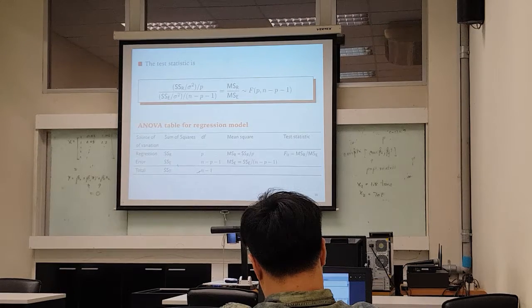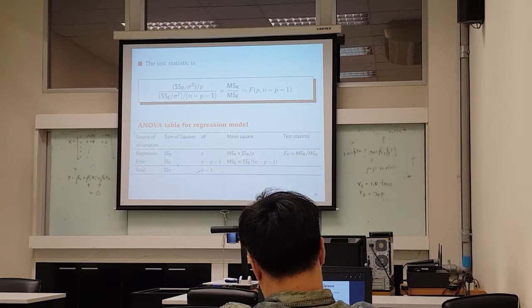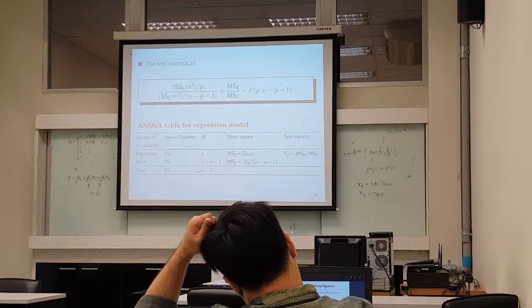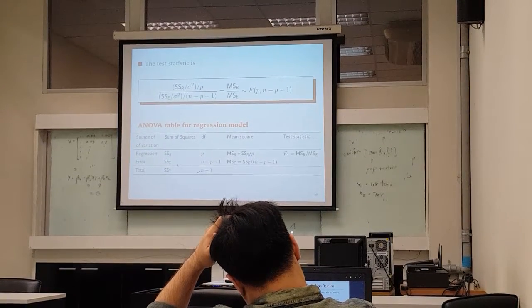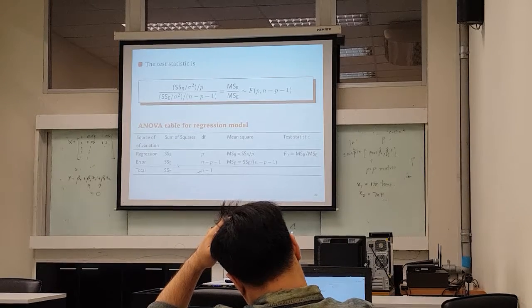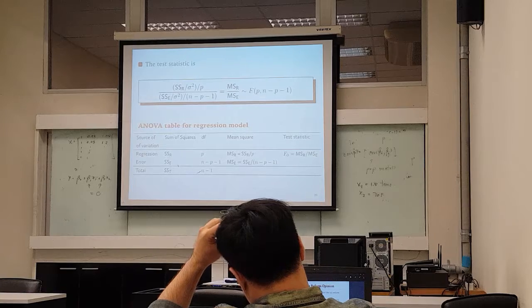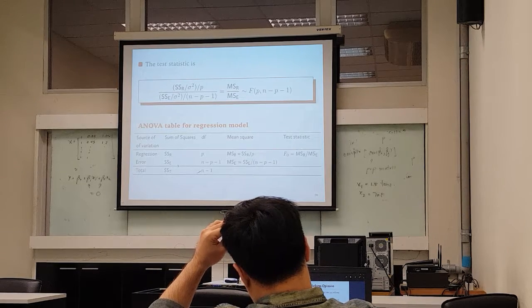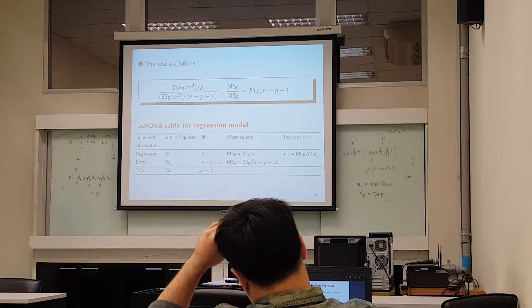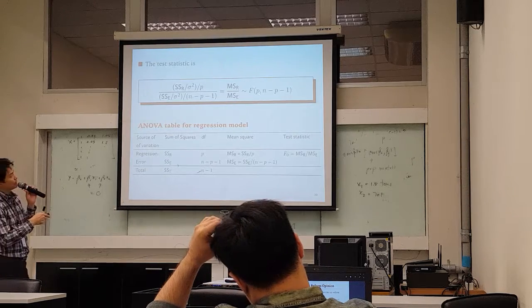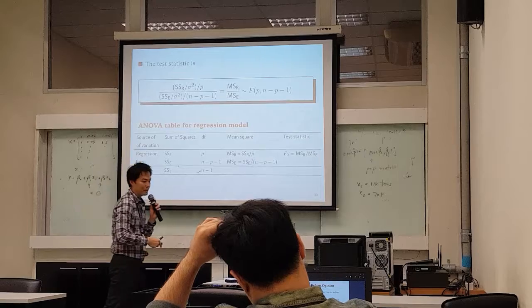The error has mean square error, SSE divided by n minus p minus 1. If you divide MSR by MSE, you have a test statistic F0, and you compare it with the F distribution with p and n minus p minus 1 degrees of freedom.